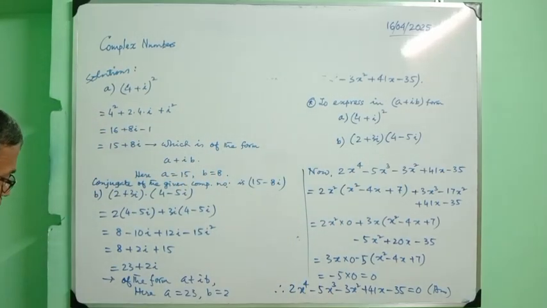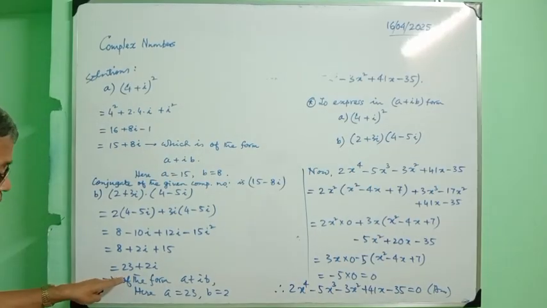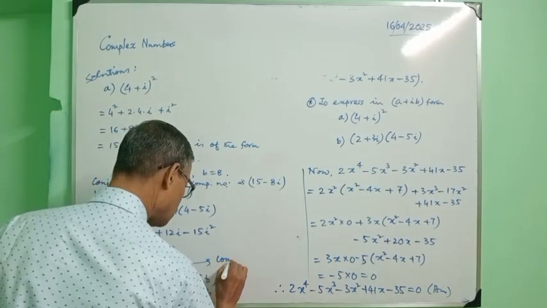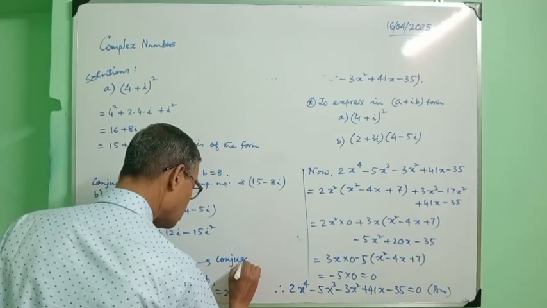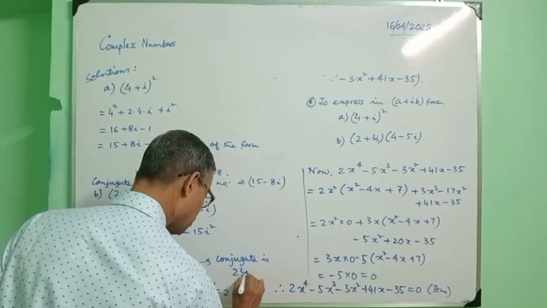And in this case, the conjugate will be 23 minus 2i.